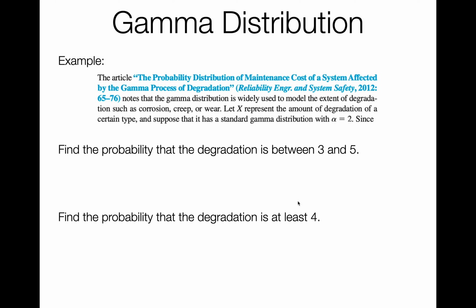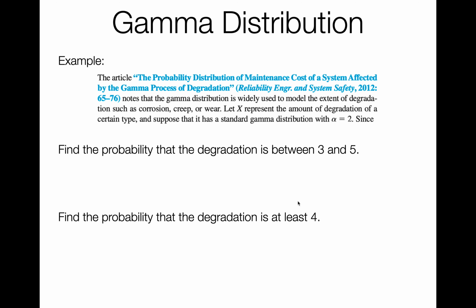Okay. Let X represent the amount of degradation of a certain type, and suppose it has a standard gamma distribution. A standard gamma means that beta, that second parameter, is equal to 1, and alpha is equal to 2 in this case. I want you to find the probability that the degradation is between 3 and 5, and then at least 4. So, again, what are we going to do?